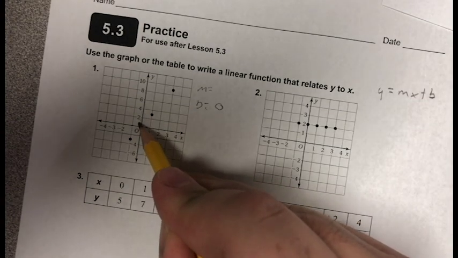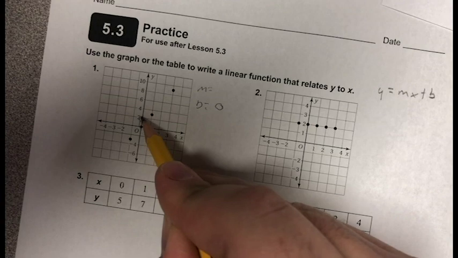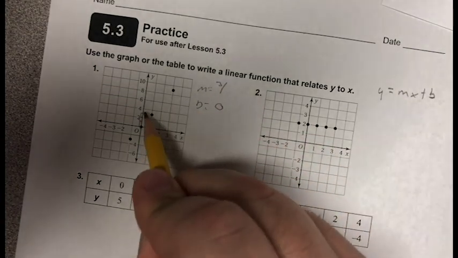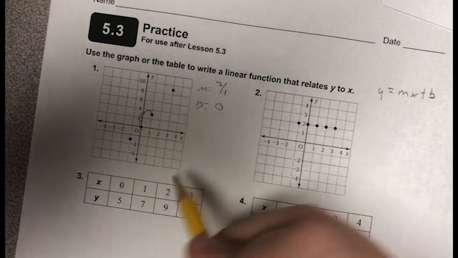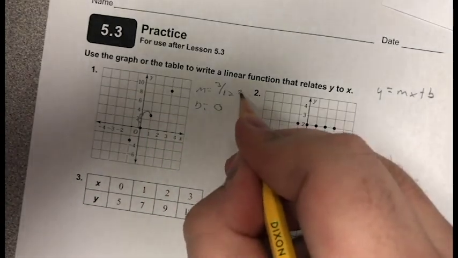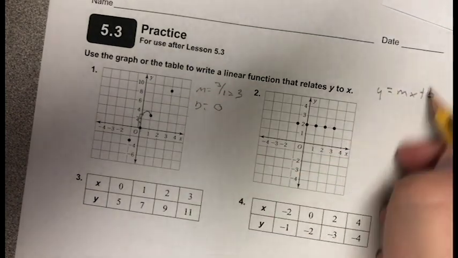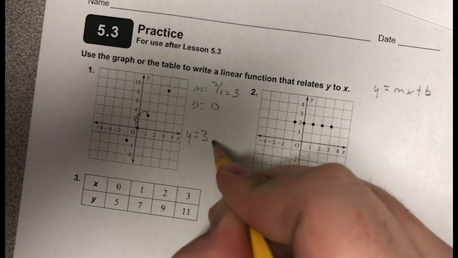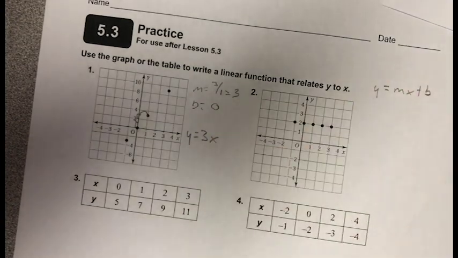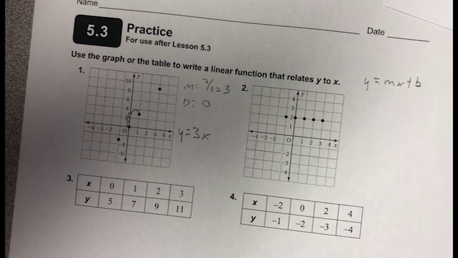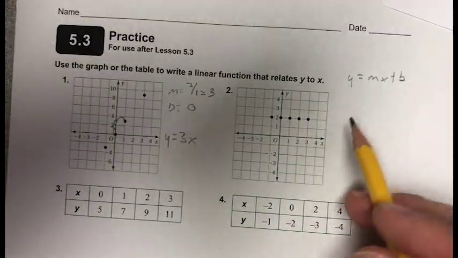It has a rise of 1, 2, 3, so I have a rise of 3, and it goes over by 1. So I have a slope of 3 over 1. I can simplify that to just 3, and then plug everything back into the equation. So y is equal to, my slope is 3, x plus 0, so y is equal to 3x. I'm done. Pretty straightforward.